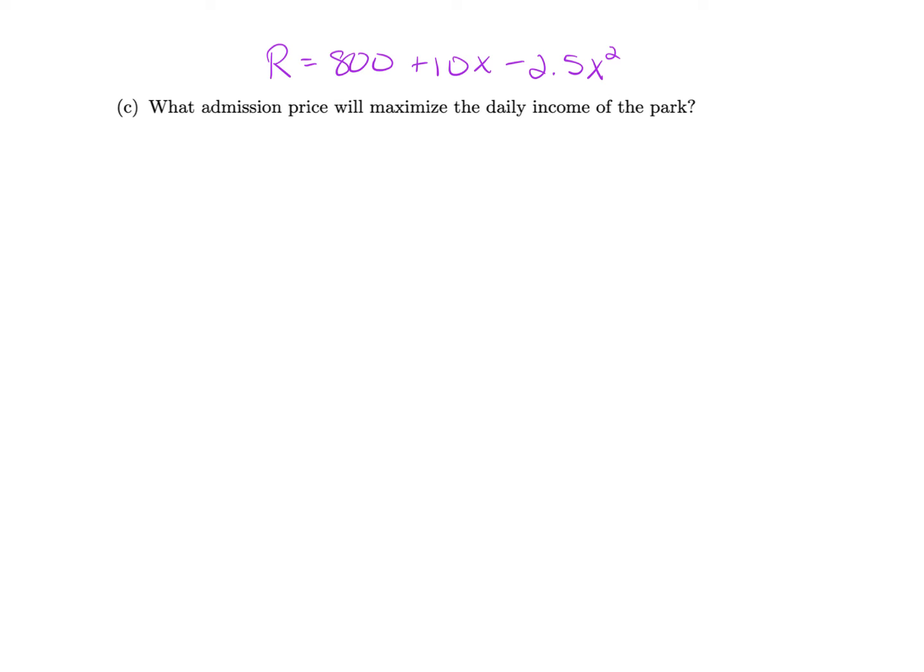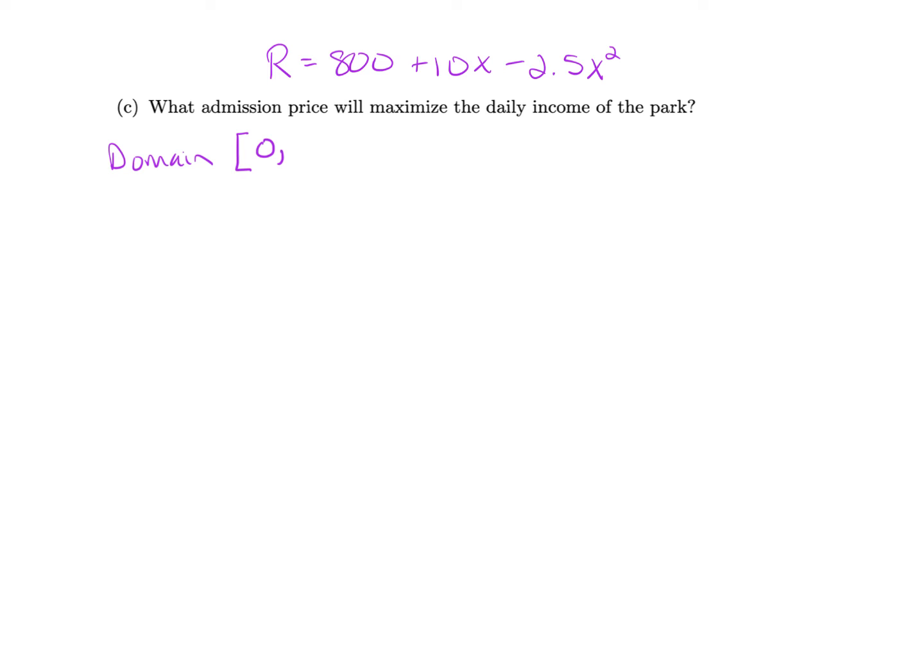To determine what admission price will maximize the daily income of the park, I should think about the domain for price increase. The smallest price increase would be 0, so we had no 25-cent increases.